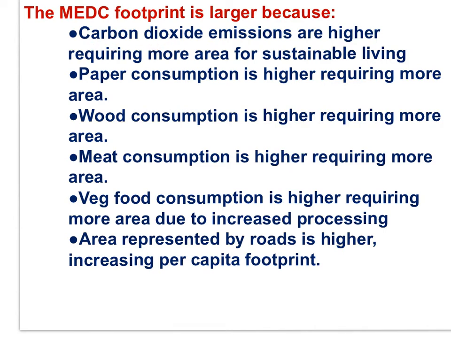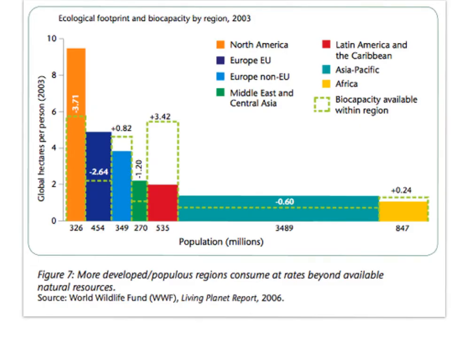More carbon dioxide emissions, more food, more meat, more paper, wood, cotton, etc., etc. This is another terrific graph because it shows the ecological footprint of various regions across the globe. It also shows the relative size of those regions along the x-axis, but it also provides information about the biocapacity of the region.